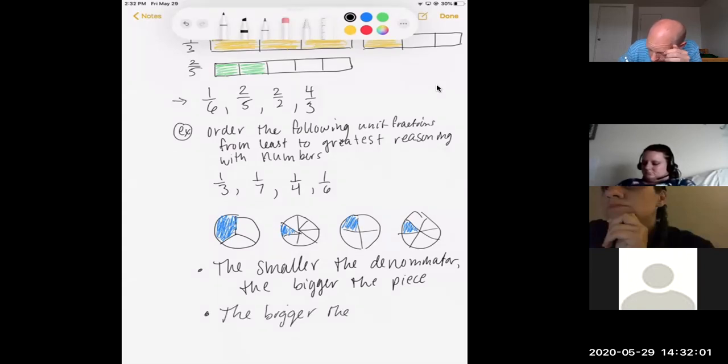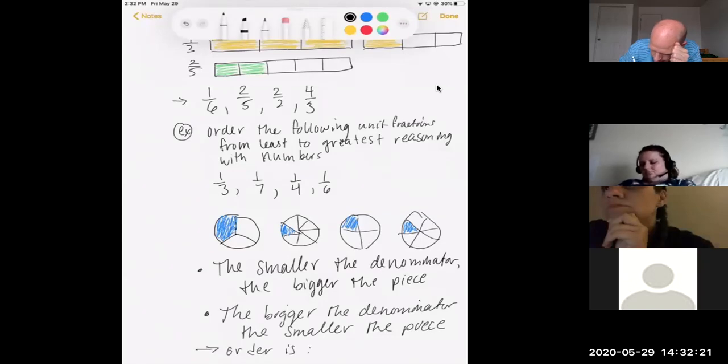So go ahead and order these fractions. Which one's first? Therefore, the order is smallest one's, the bigger the denominator, smaller piece. So it's 7th, 6th, 4th, and a 3rd.